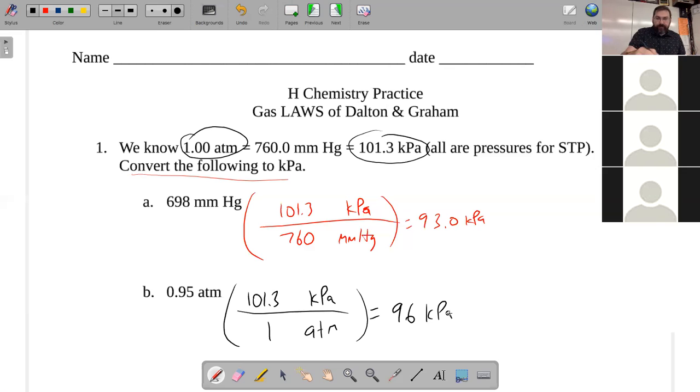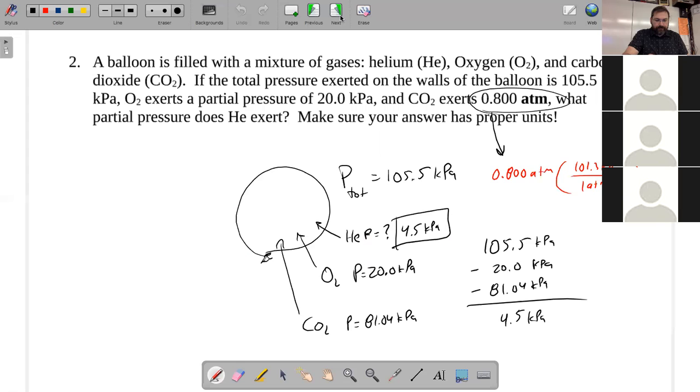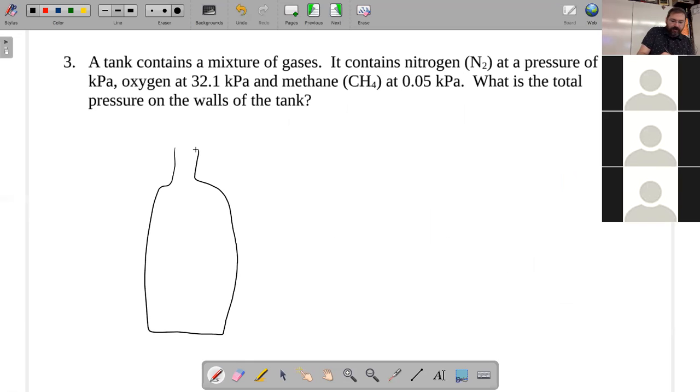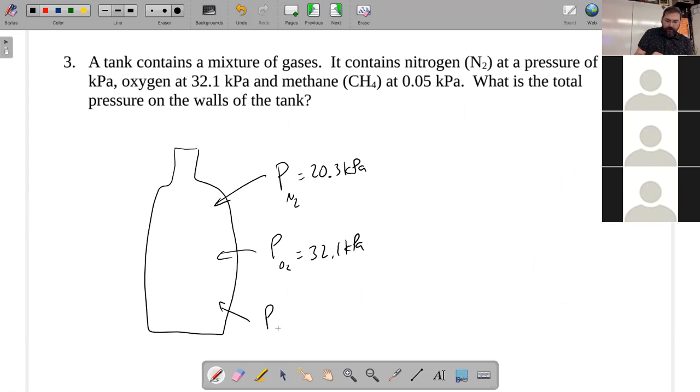All right, we did number 2 together. And then problem number 3, you've got a tank. It's got a mixture of gas. It's got some nitrogen, some oxygen, and some methane. Here I'll draw the tank. You've got a partial pressure of nitrogen of 20.3 kilopascal, a partial pressure of oxygen that's 32.1 kilopascal, and a partial pressure for methane of 0.05 kilopascal.